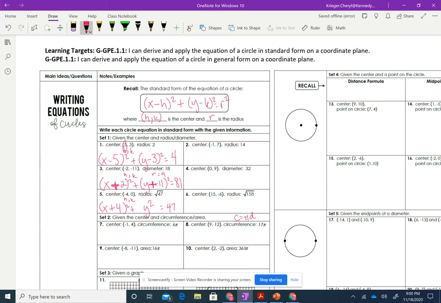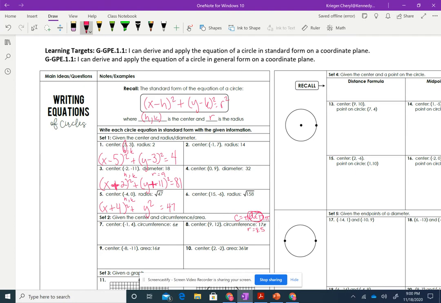So if the circumference is 17 times π, my diameter would be 17, which means my radius is half of 17, which is 8.5.